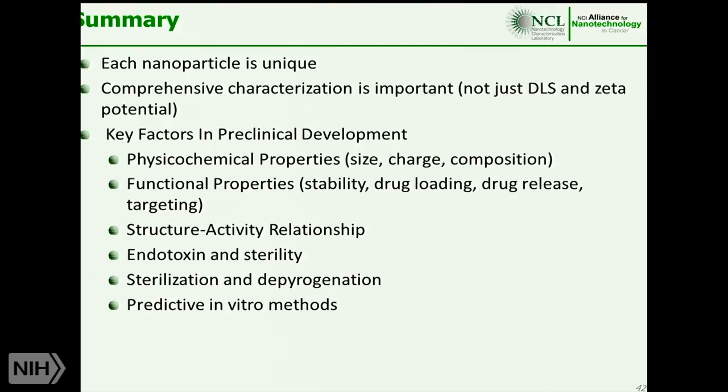Particle physicochemical properties are very important. Comprehensive characterization is very important, not just DLS and zeta potential. And the key factors that are critical to understand during preclinical development of nanomedicines include physicochemical properties such as particle size, charge, composition, and their functional properties that include stability, drug loading, drug release, targeting.